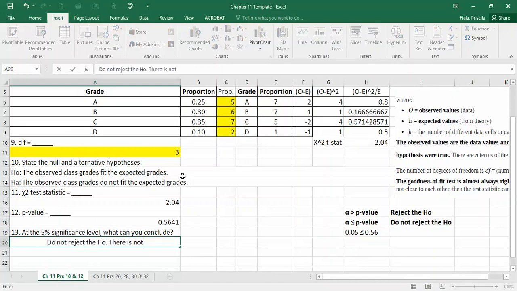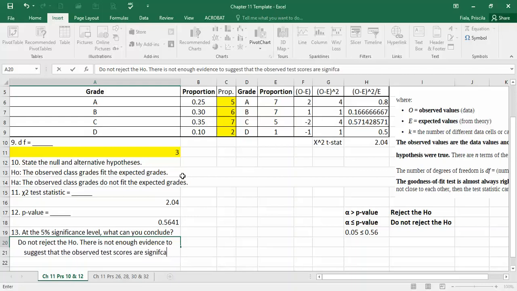There is not enough evidence to suggest that the observed test scores are significantly different from the expected. I think I misspelled something, right? Significantly, only one L, right? Different.